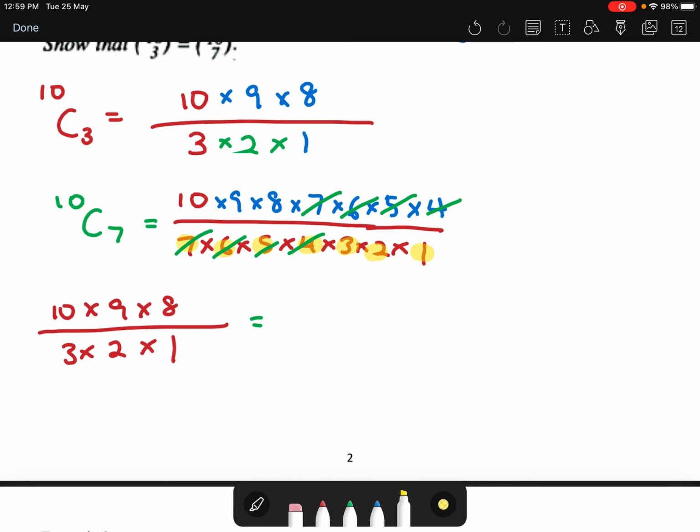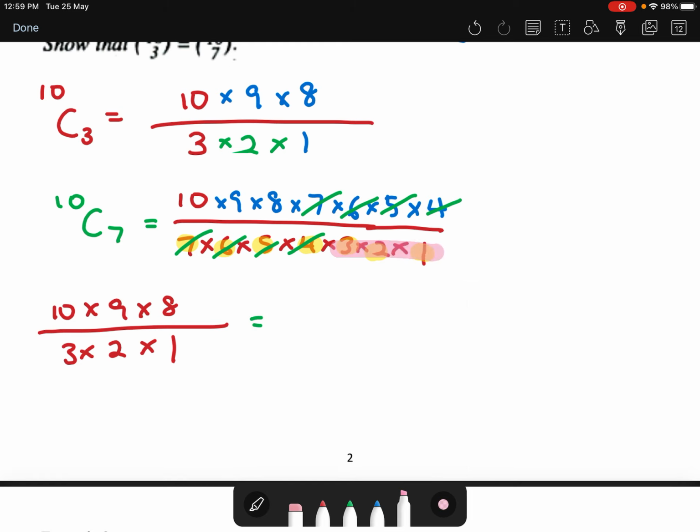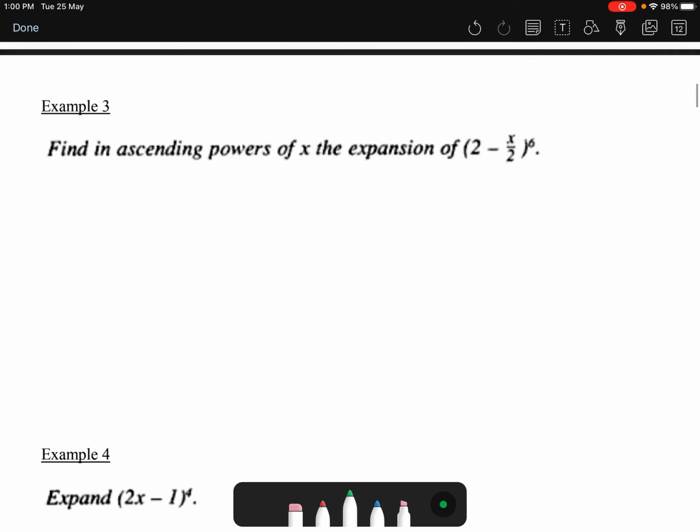Now we are only left with this and this. So we write 10 times 9 times 8 over 3 times 2 times 1. So I proved that 10 choose 3 is equal to 10 choose 7. This is what we call a symmetric term.